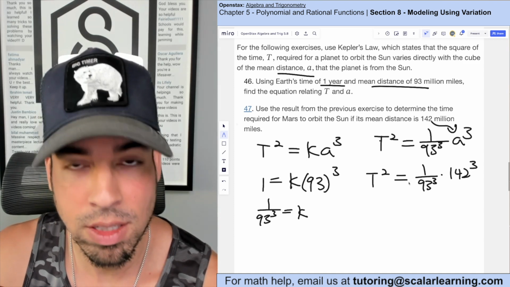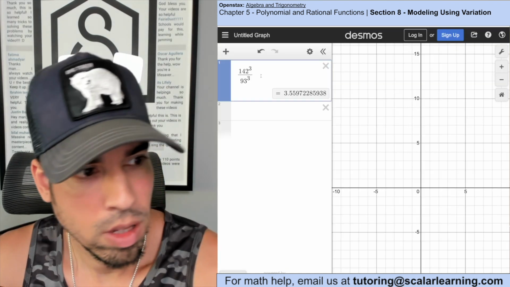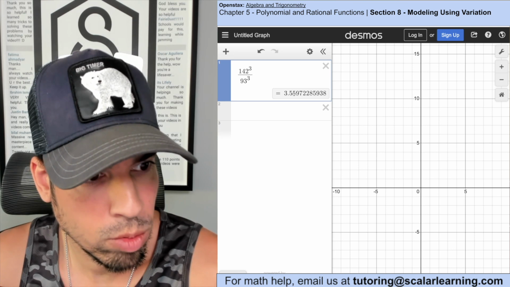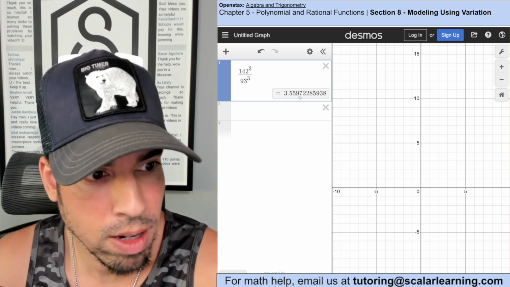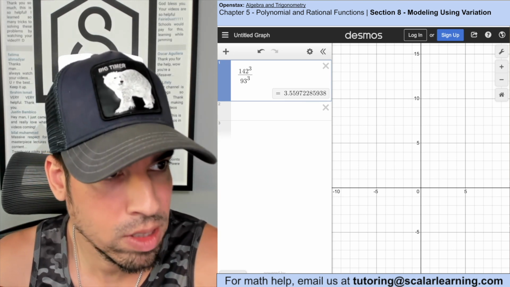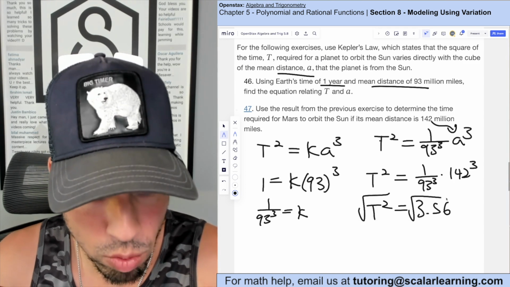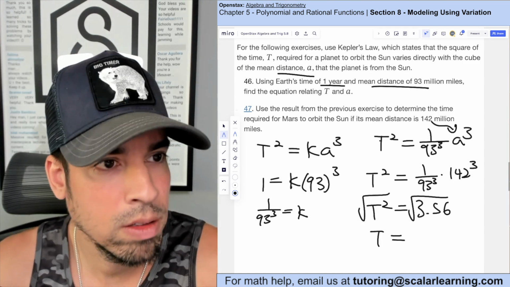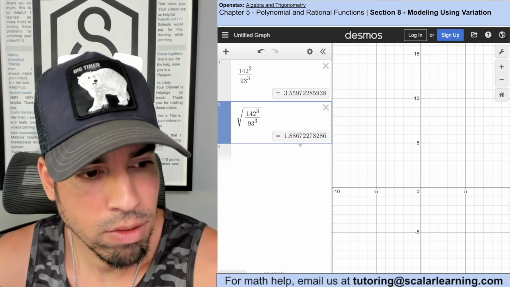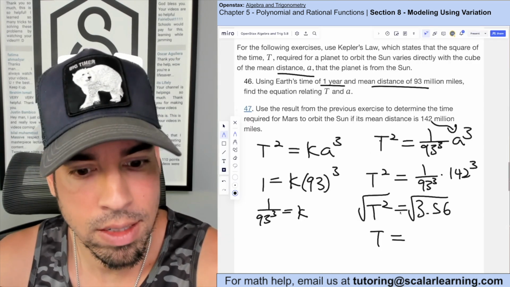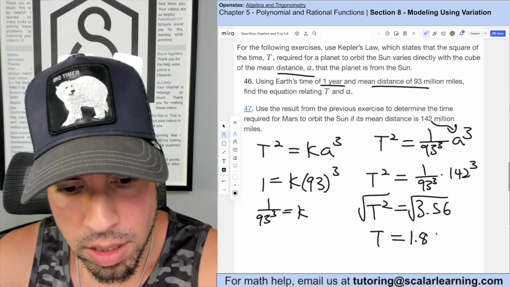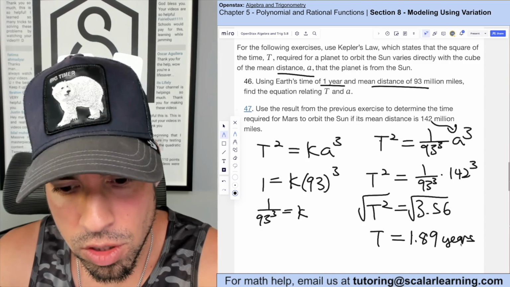So now let's plug this into Desmos and solve. So then we get 142 cubed over 93 cubed, which is approximately 3.5597. We'll just say 3.56. And then to solve for t, we take the square root of both sides and we get 1.8867, which will round to 1.89. So t equals 1.89 years.